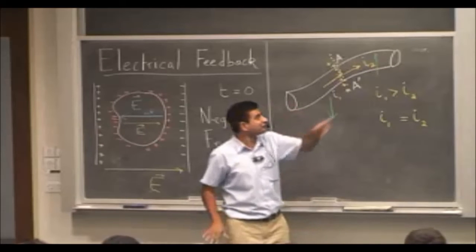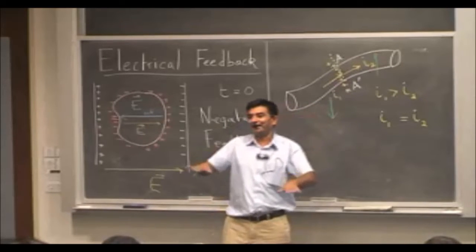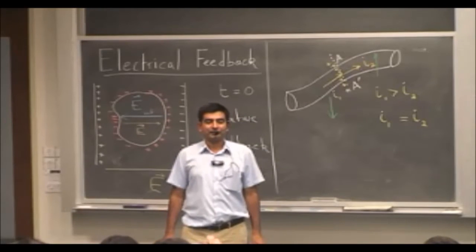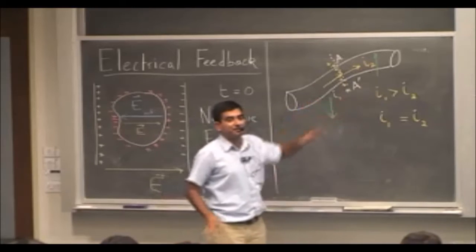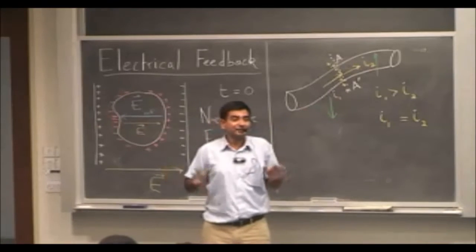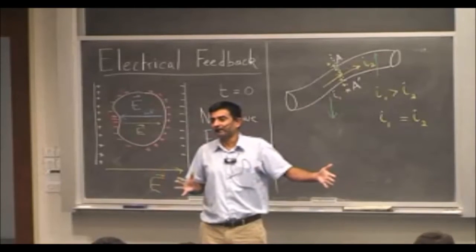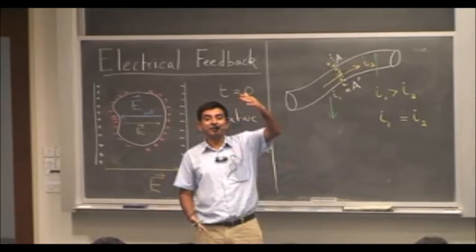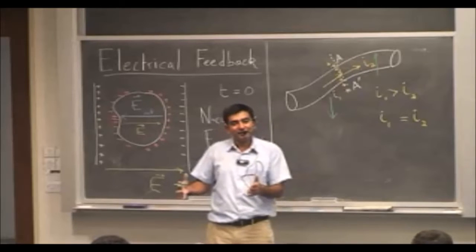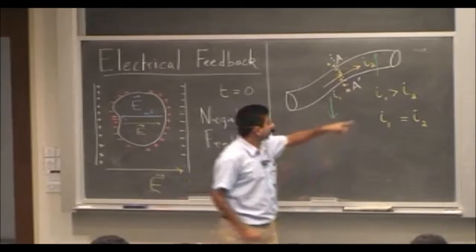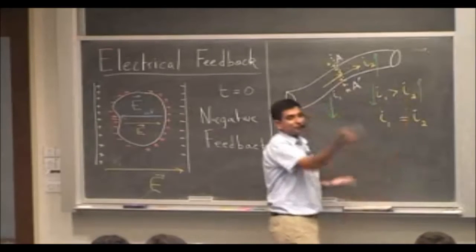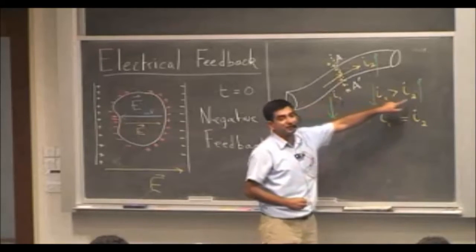And this process of charge build up will continue until I1 equals I2. So charge is continuously being built up, but the build up of charges is opposing the misbalance of the incoming and the outgoing current. The build up continues such that the incoming current eventually equals the outgoing current. So the incoming current goes down, the outgoing current goes up, eventually I1 becomes equal to I2.